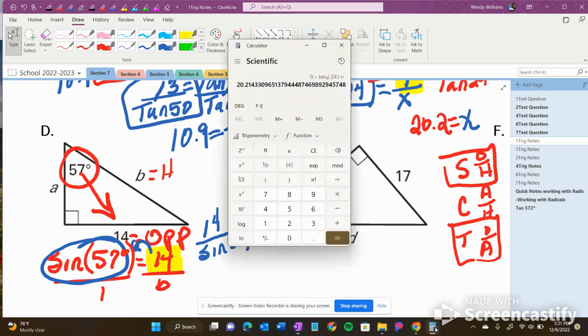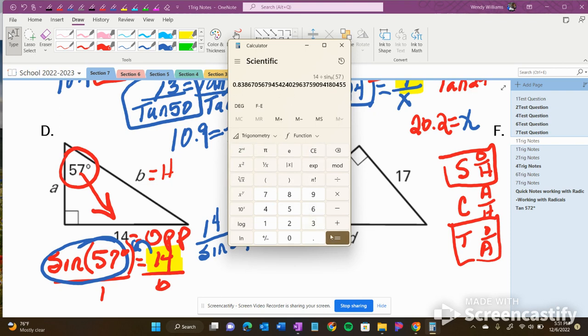Calculator, please. I miss you guys. You're supposed to be doing this for me. I don't do this. 14 divided by, the angle is 57. We're using the trig function sine. Remember, this is the sine of 57 degrees.